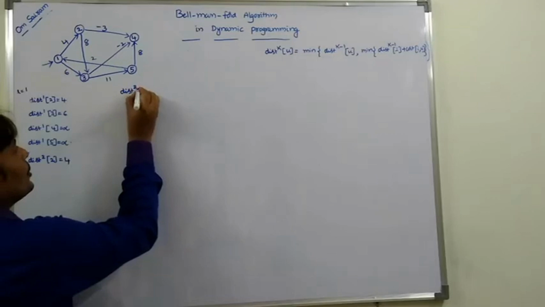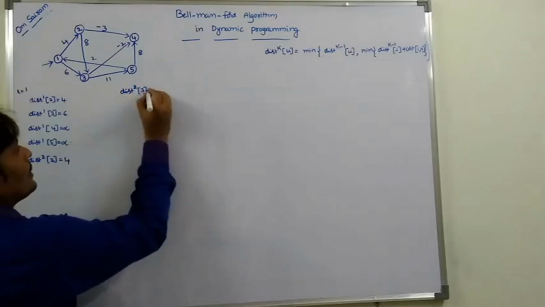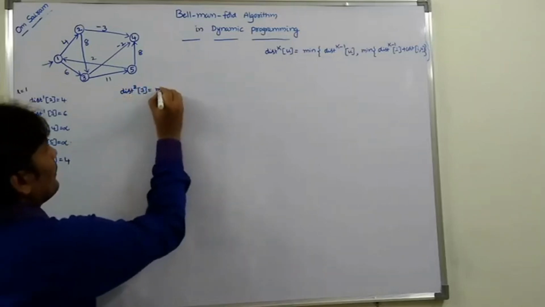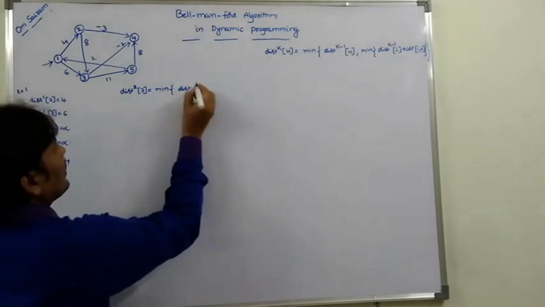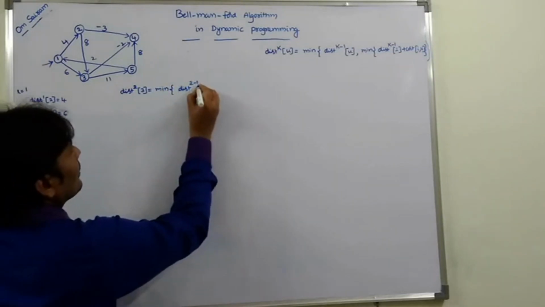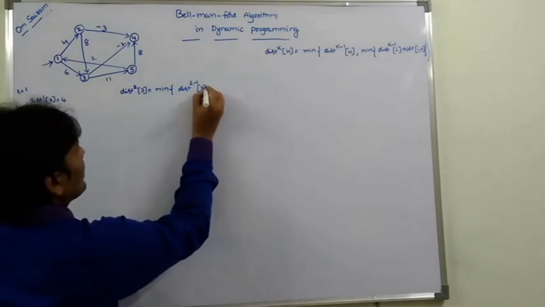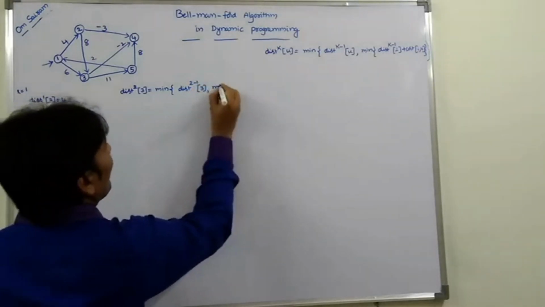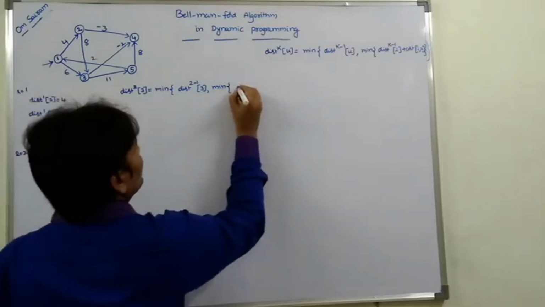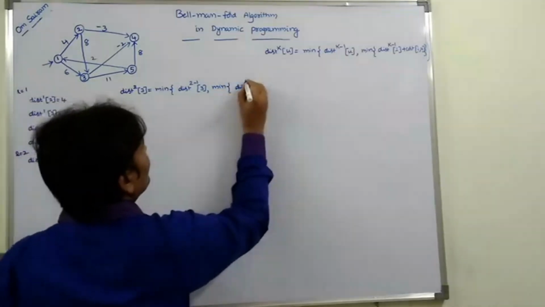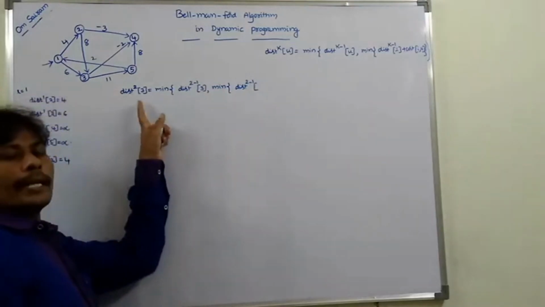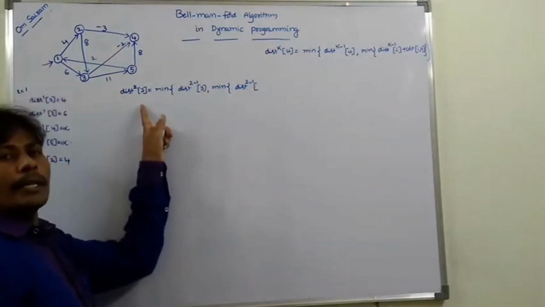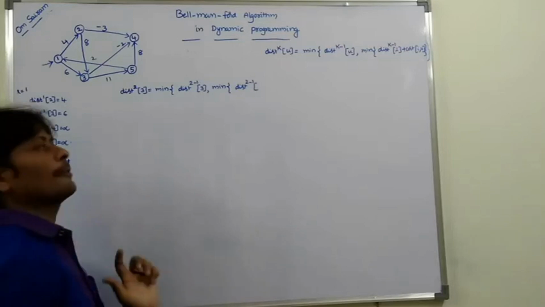dist2 of 3, so is equal to minimum of dist2 minus 1 of u is 3 comma minimum of, so dist2 minus 1. So now we are considering the vertex 3. What are the remaining vertices? 2, 4, 5.